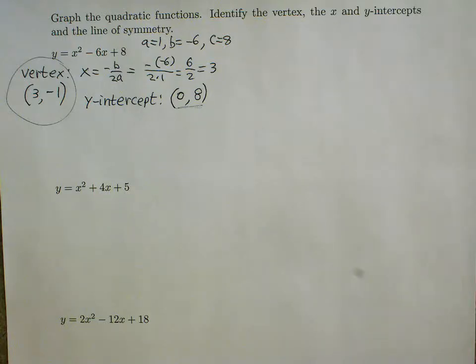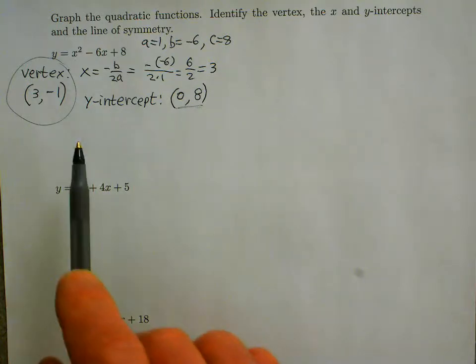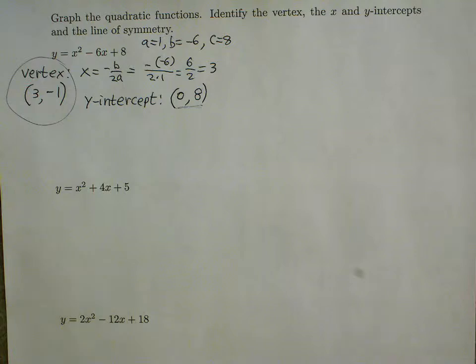Okay, what about the X intercept or intercepts, if there are any? Remember the possibilities? The graph of a quadratic function can have 2 X-intercepts or 1 X-intercept or 0 X-intercepts. Even before finding the X-intercepts, we can know how many there are going to be.